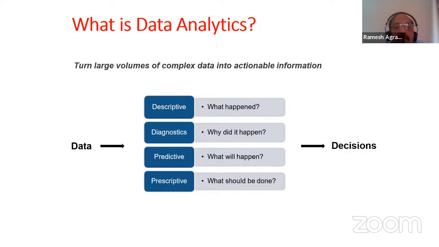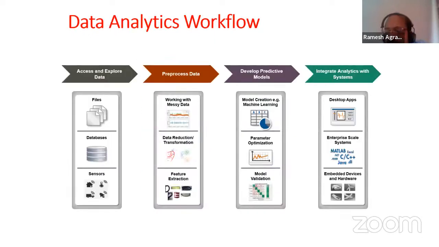And from the data, for taking informed decisions, various steps are involved. Okay. Initially, you collect the data through various means. The data can be in some files. The data can be from images, videos, audios. Data can be collected from various sensors, or you already have some data which is in your database.